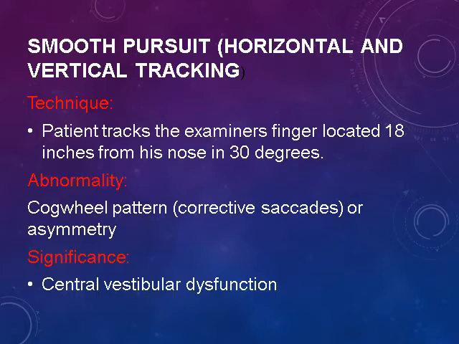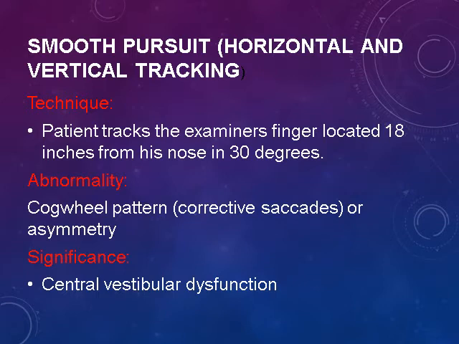We use again the examiner's finger located 18 inches away from the patient, and the patient is asked to track the examiner's finger that's moving 30 degrees to the right and to the left. Normally the patient can perform a smooth tracking movement with his eyes on the horizontal and the vertical levels.